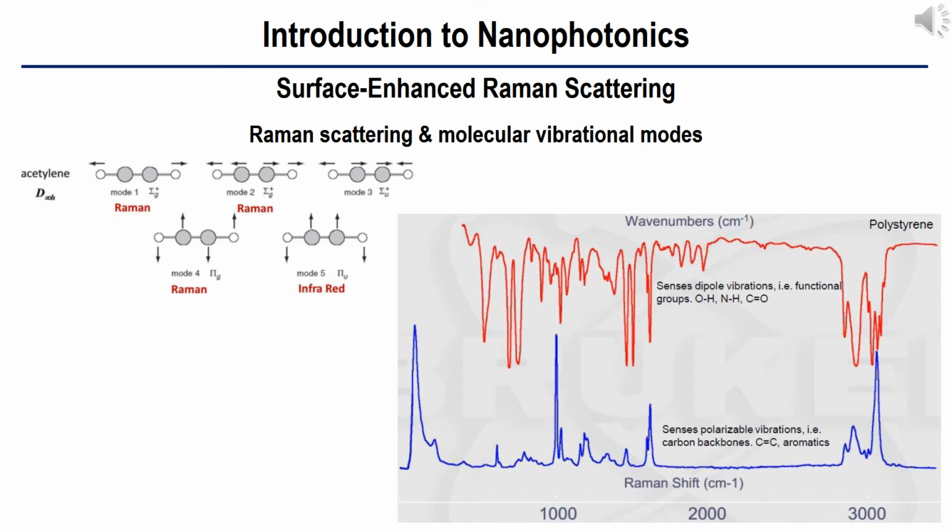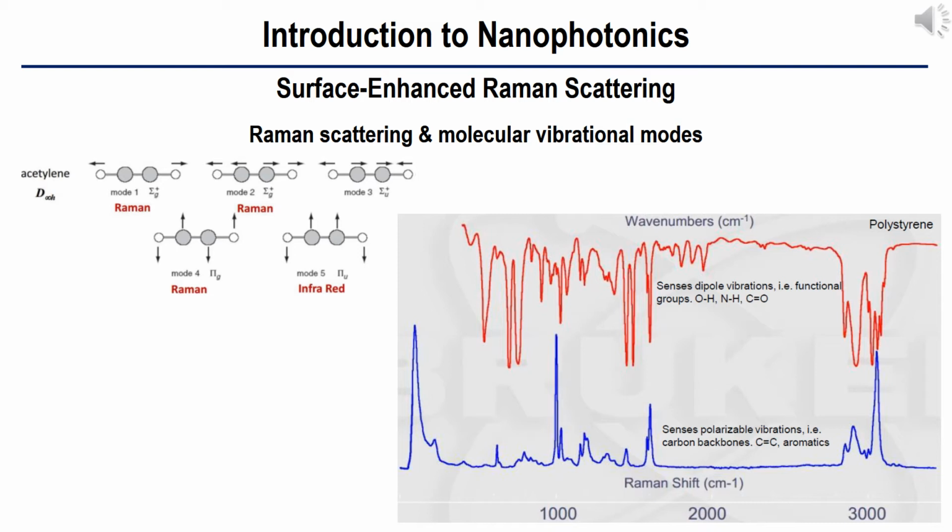Not all the molecular vibrations contribute to the Stokes or anti-Stokes shift for Raman scattering. For example, in the case of the acetylene molecule, 3 vibrational modes out of a total of 5 modes correspond to Raman scattering. One is for infrared spectroscopy.